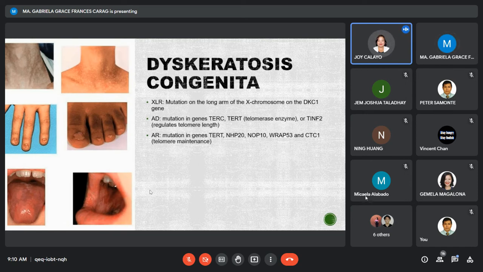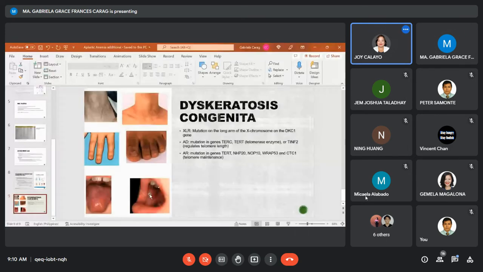So this is a good piece of information for this particular disorder, because of the specific defect described. If you look at the description, for the X-linked, you have the dyskeratosis congenita gene, one gene that is affected, due to the long arm X chromosome defect.